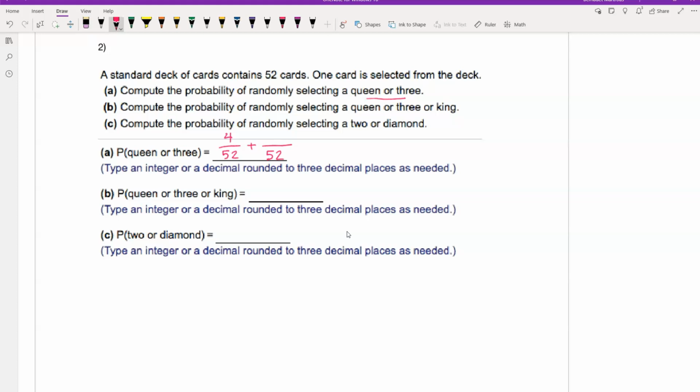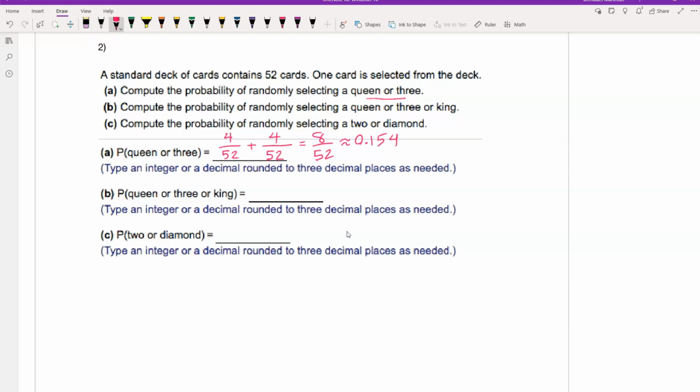So out of 52 cards, we have 4 queens, and out of 52 cards, we have 4 cards that are 3. And there is nothing in common between these two. Here it's asking to round to 3 decimal places. So the answer is 0.154.